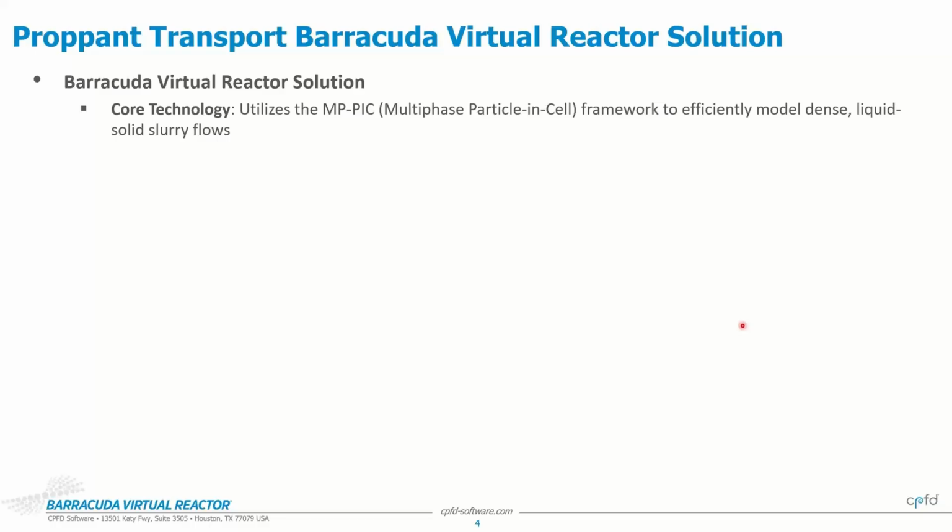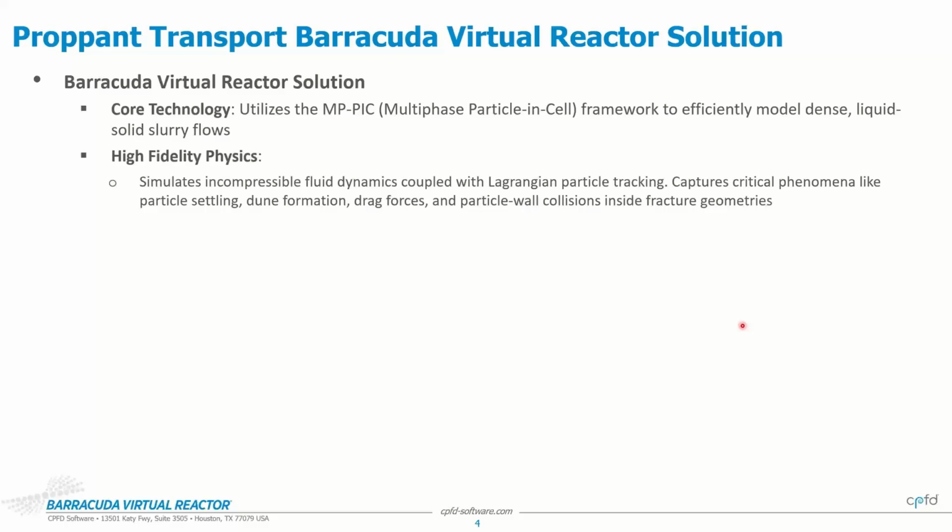We use a methodology called the MPPIC methodology, and what this allows us to do is solve this complex physics, which Proppant Transport is, right? You basically have a four-way coupling between the fluid and the particles.